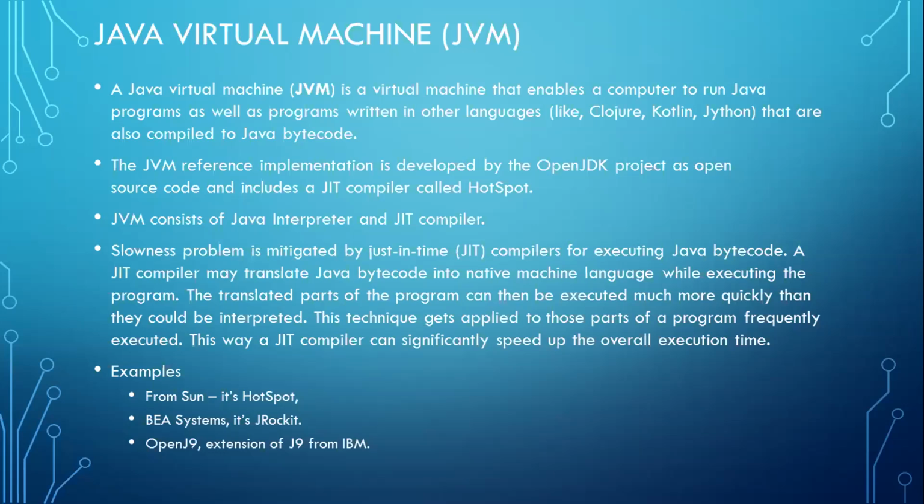I'm just trying to give the history of how Hotspot has become the number one JVM for enterprise Java software. First of all, Oracle acquired BEA Systems, which had the JRockit JVM. JRockit was one of the most popular JVMs in the market in the early or mid 2000s, till Oracle acquired BEA Systems in 2008, I believe.